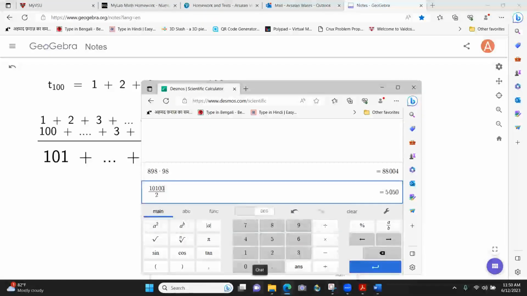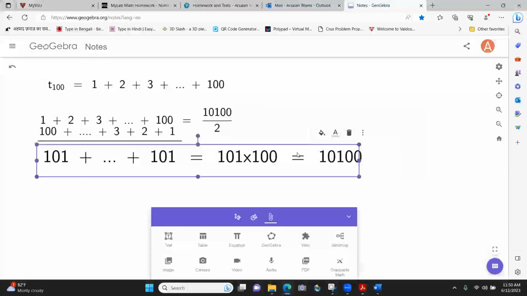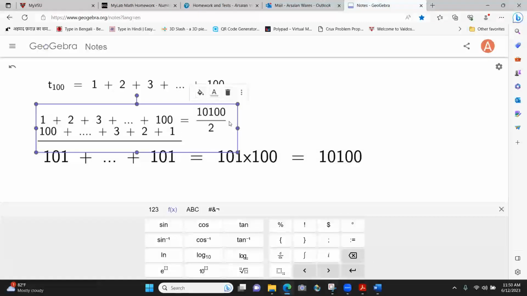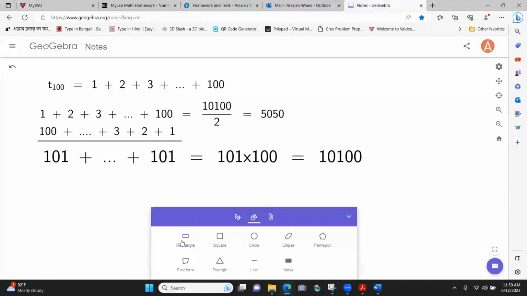I am getting 5,050. So the 100th triangular number is simply 1 plus 2 plus 3 all the way up to 100, but you have to use Gauss's method to calculate the final answer, and it turns out to be 5,050. This is my answer. And on the exam, that's all I expect you to write.